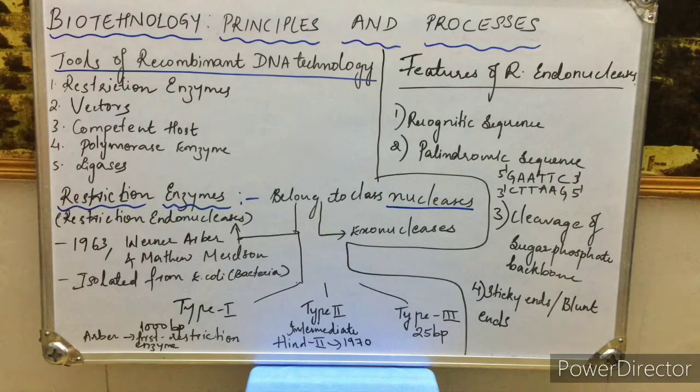If you see the databases, almost 900 restriction enzymes are isolated from 230 strains of bacteria. So let us now see the features of these restriction endonucleases or restriction enzymes.